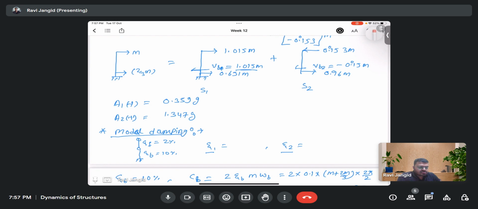Generalized M1 and generalized M2. Did you take generalized mass or not? I am seeing.